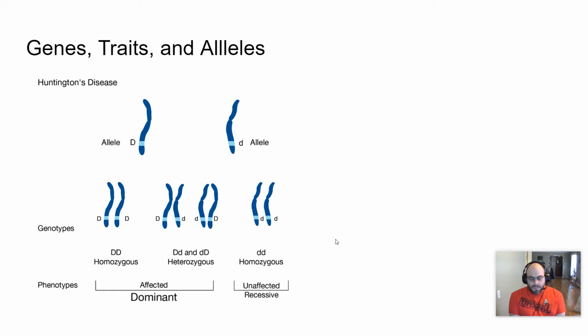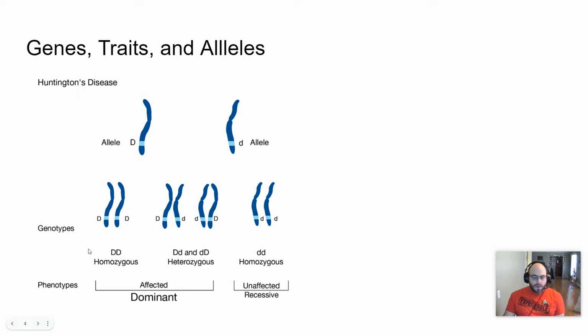Well, it's because some of those alleles always express themselves, and some of them don't express themselves unless they're by themselves. We have these alleles called dominant and recessive, and so dominant alleles always express themselves. Recessive only express themselves when there are no dominants around.